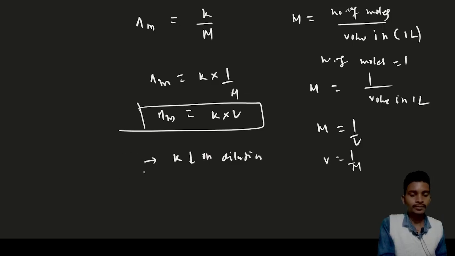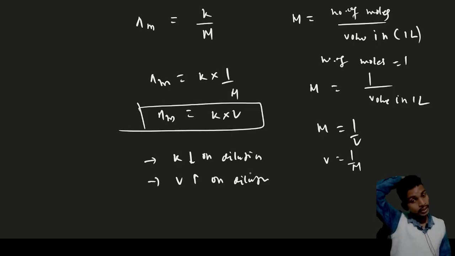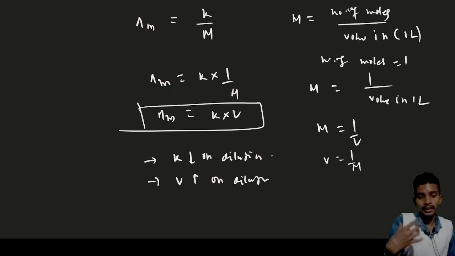We already discussed that kappa, the specific conductance, decreases on dilution. And volume obviously increases because we are adding water. Volume increases on dilution: if you are adding anything, obviously the volume will increase.